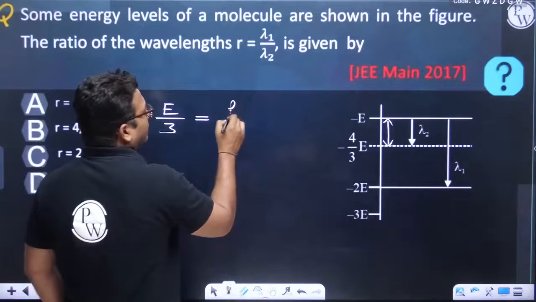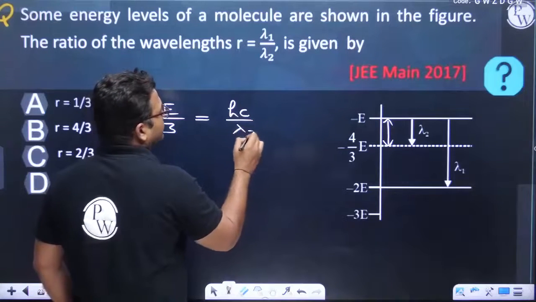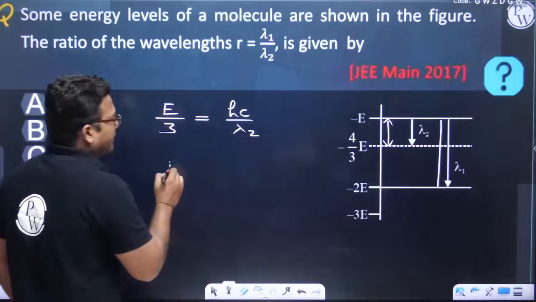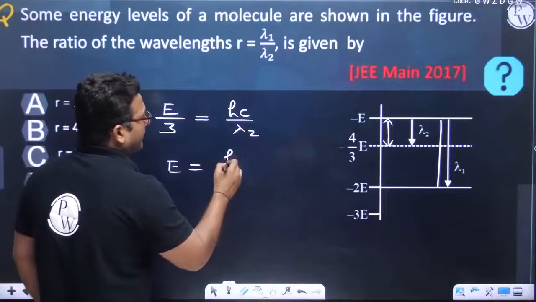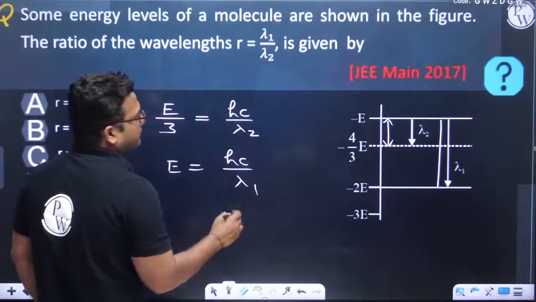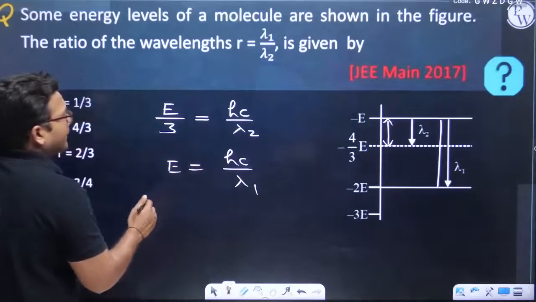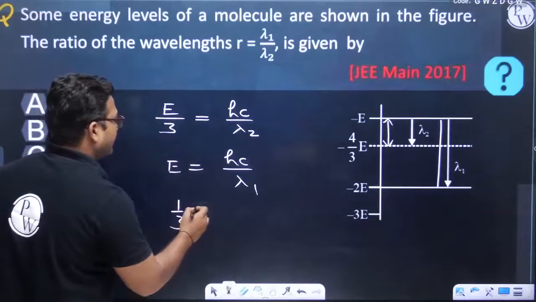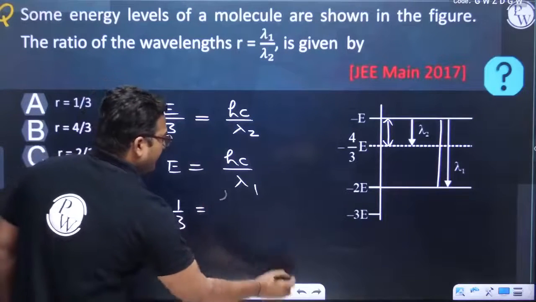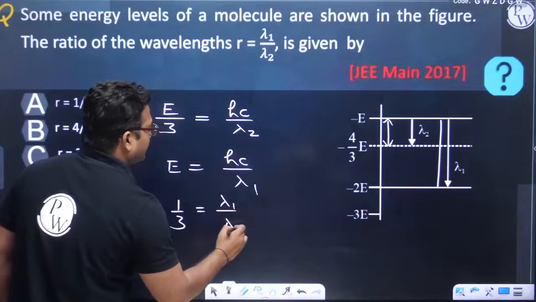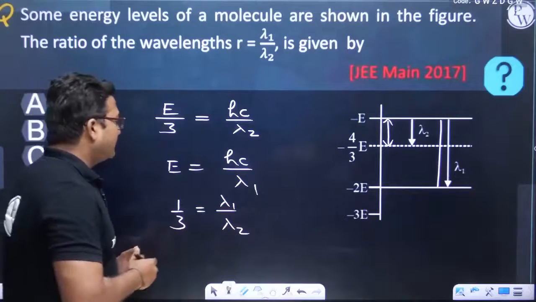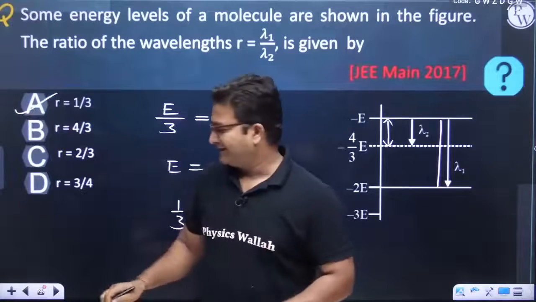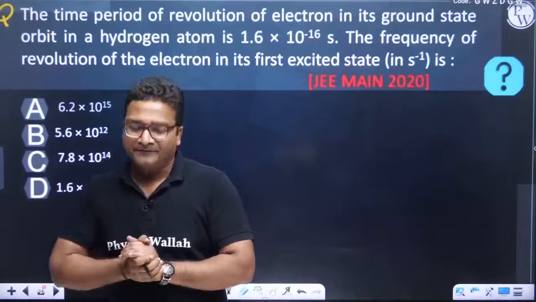So it is equal to hc by lambda 2, and the difference of these two is actually E, and E is equivalent to hc by lambda 1. If we divide these two, we get 1 by 3 on the left and lambda 1 by lambda 2 on the right. So lambda 1 by lambda 2 is simply 1 over 3. So A is perfect. Let's move ahead.